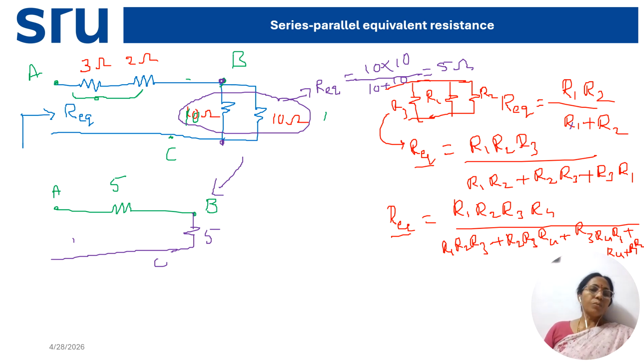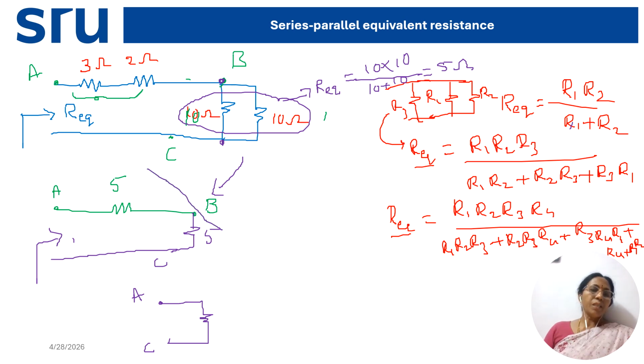Now, in this network, from the terminal A, 5 and 5 come in series. So finally I can write a single resistor between A, the first terminal, and C, the last terminal.